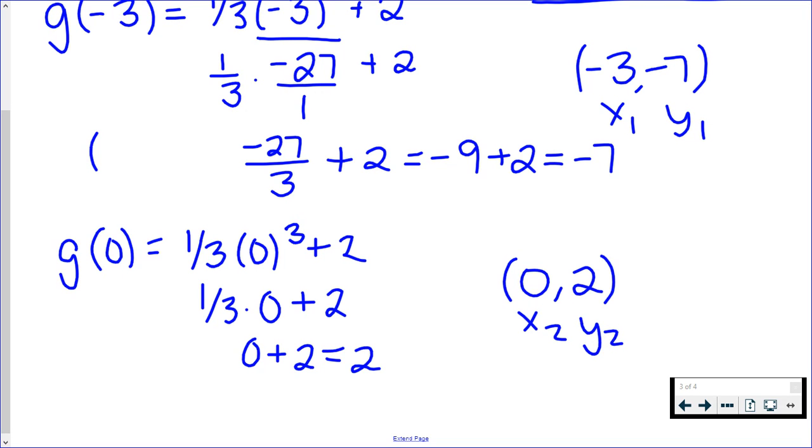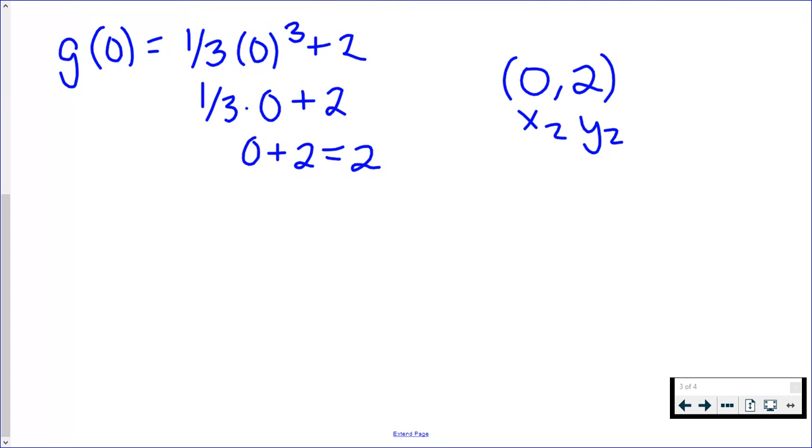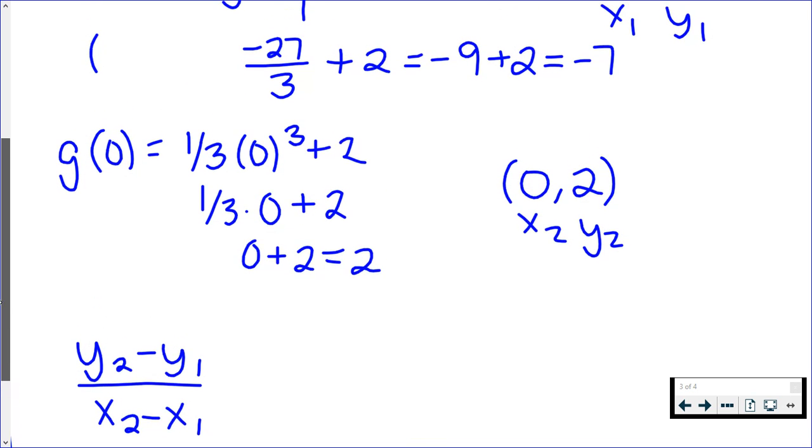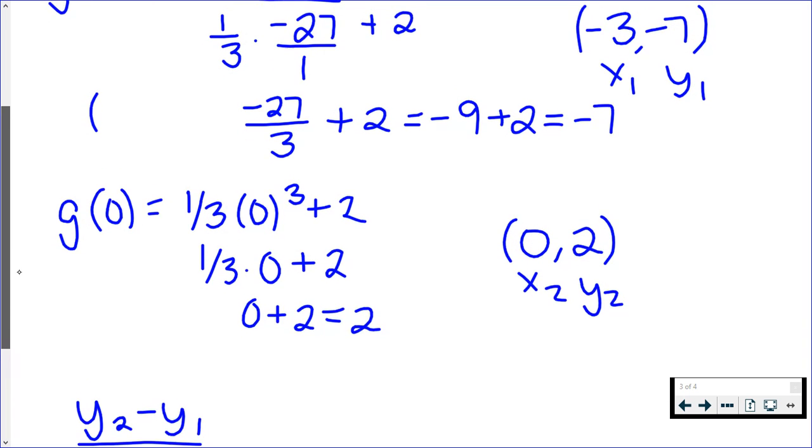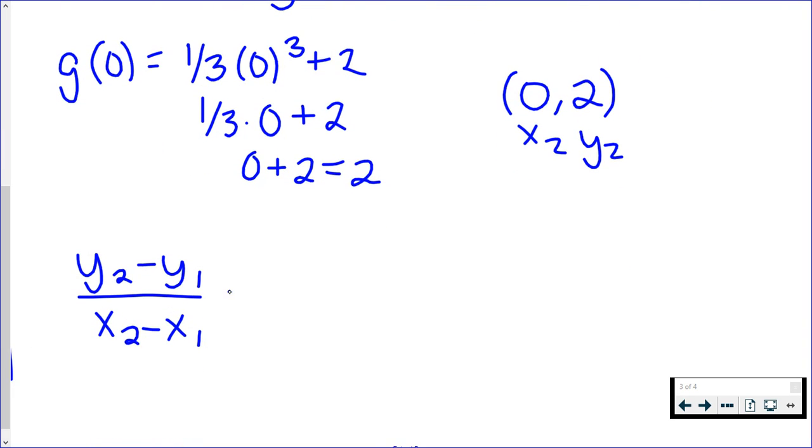So I will use x1, y1 on the first point, x2, y2 on the second point. All right, remember your slope formula. And then I'm going to have y2 minus y1 over x2 minus x1.